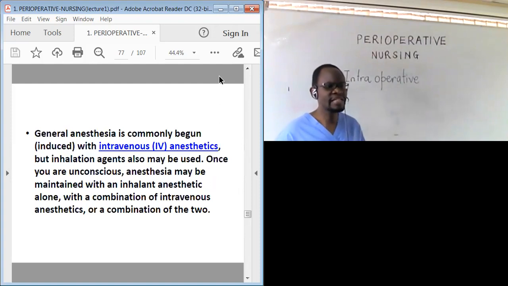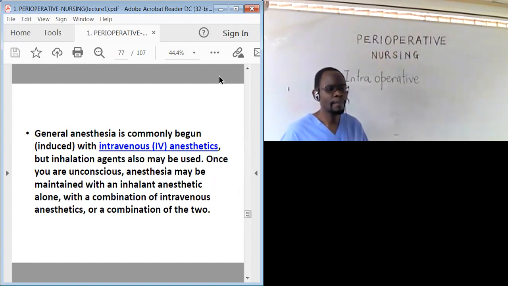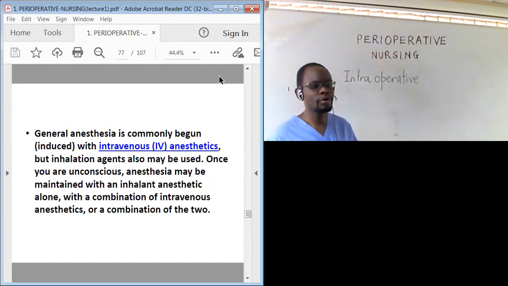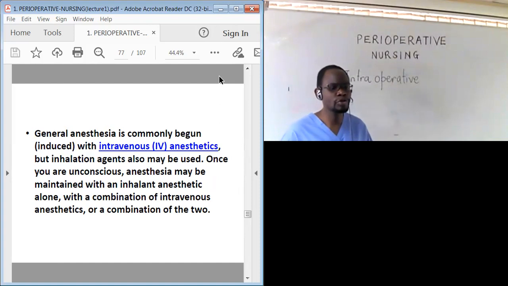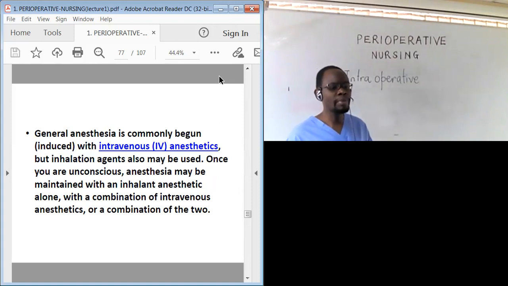General anesthesia is commonly induced using an IV anesthetic, though inhalation agents may also be used. Once the patient is unconscious, anesthesia may be maintained with an inhalant anesthetic alone, or with a combination of inhalant and intravenous.